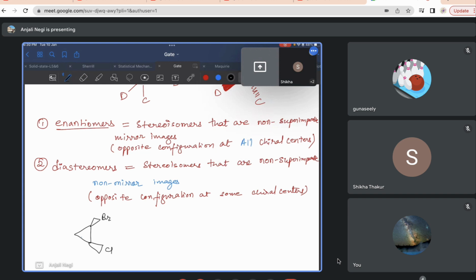Okay, don't bother about how all the bulky groups are above the plane. Just for our understanding we are doing this.